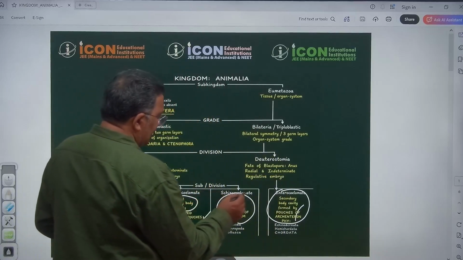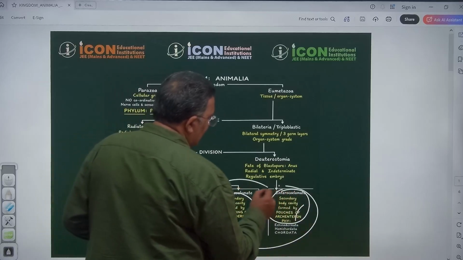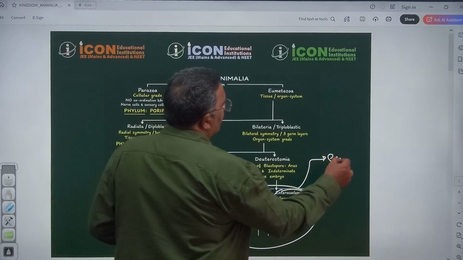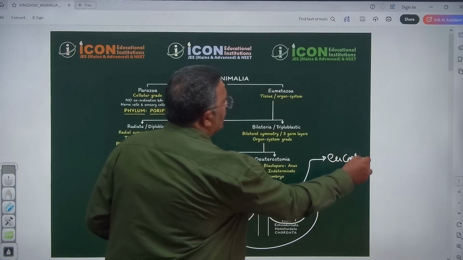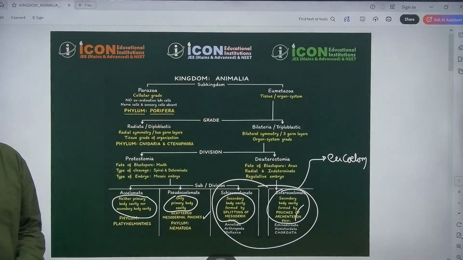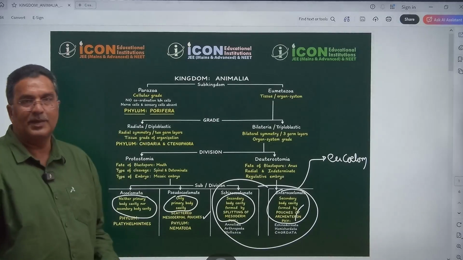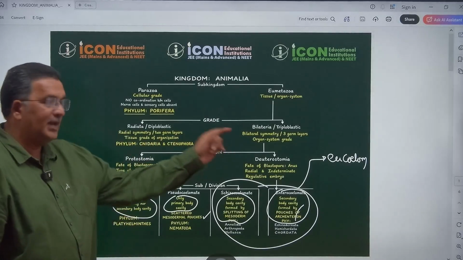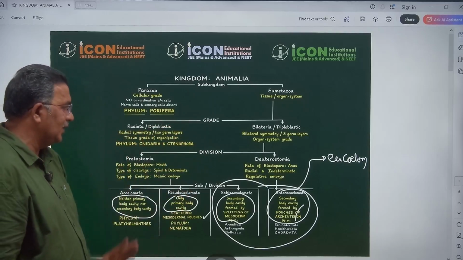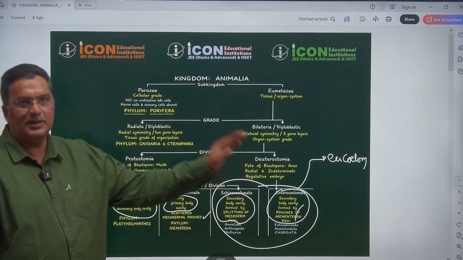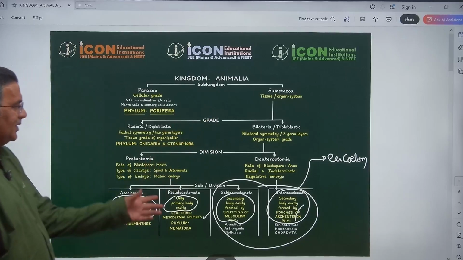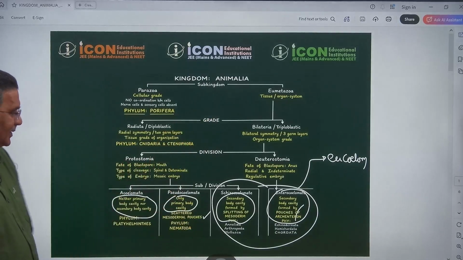Schizocoelomata and enterocoelomata are considered as eucoelom. We will have a single side heading in the NCERT text, that is eucoelom, based on how the true body cavity is formed, which we learned in the last class.